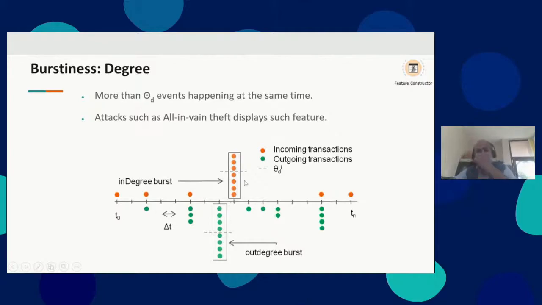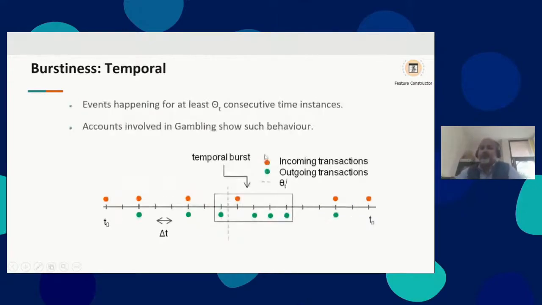Here is a picture that shows that at this point there is a huge number of outgoing and incoming transactions for this account. Other times they're normally transacting, but if there are such bursts, then we consider that a possibility of some malicious activity. Ether theft, for example, displayed such features.